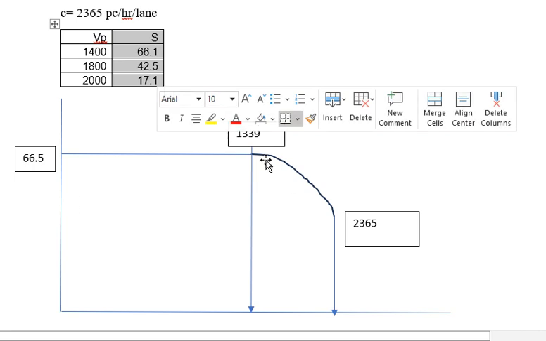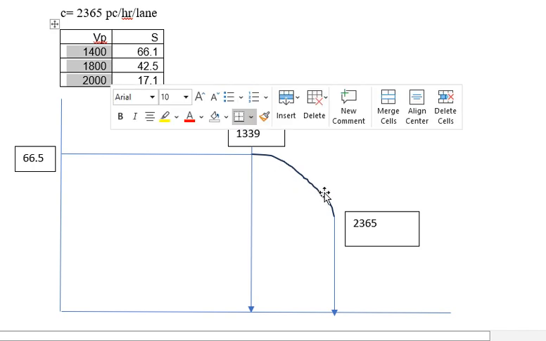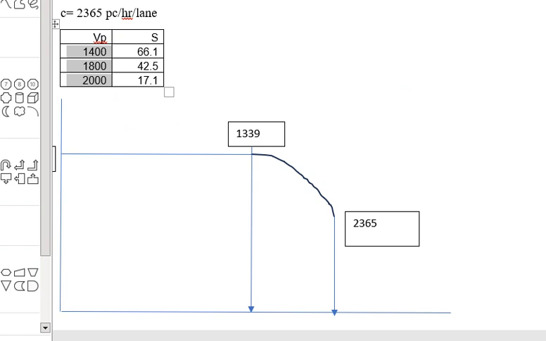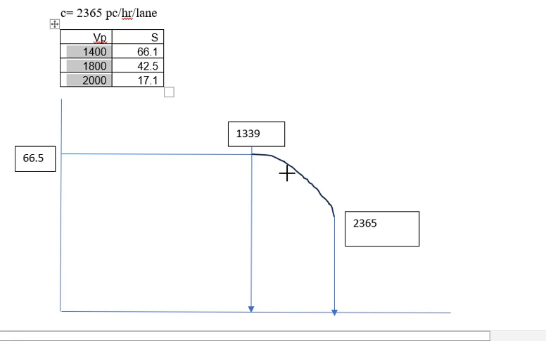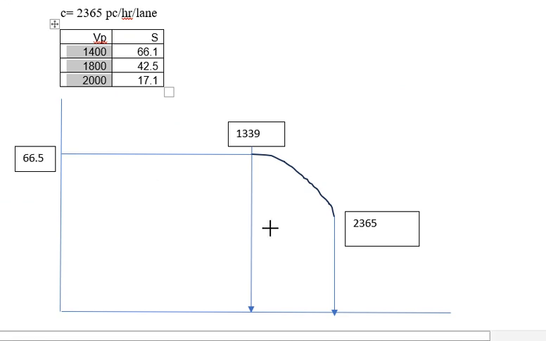So now between this point and this point you have 3 more points, so you mark these points over here. I don't know how I should mark the point, but anyways, let's say this is my point.